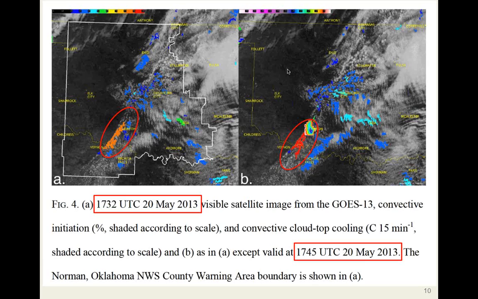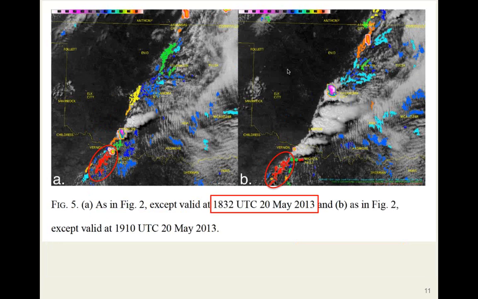So this led us down the path of trying to use logistic regression with these background indicators to predict whether we could actually give a lead time for which cloud was going to become the supercell. So this next slide, number 11, is just a follow-on.